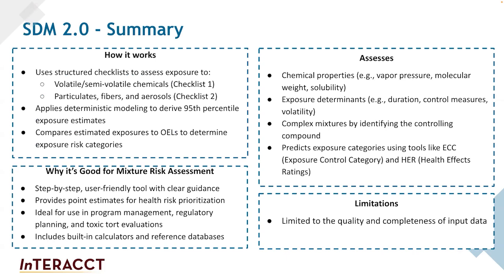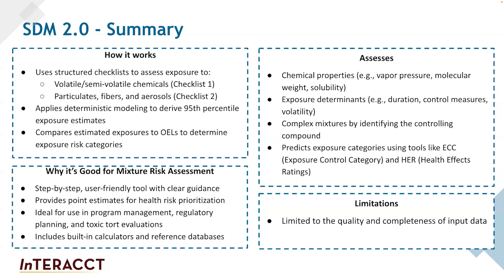Here we have the summary of the key points about STM 2.0. In terms of how it works, the model uses two structured checklists to assess exposure. It then applies deterministic modeling to calculate 95th percentile exposure estimates and compares those estimates to its occupational exposure limits to determine risk categories. The assessment process includes looking at chemical properties like vapor pressure, molecular weight, and solubility.